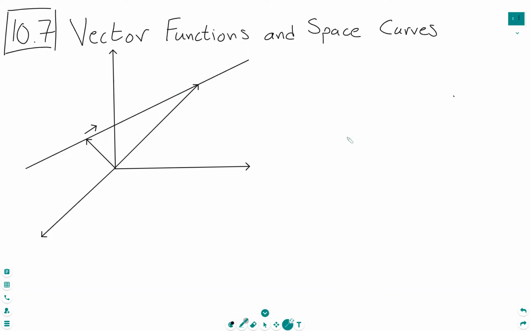Well, now let's do a similar scenario, except this time we won't just talk about a line in R3, but rather a curve. So it could be kind of wonky.